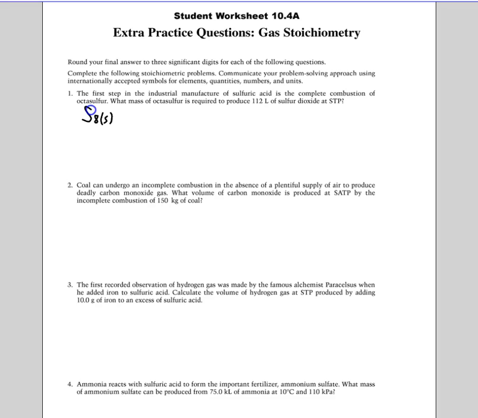This is a solid, and here we're trying to get sulfuric acid in the industrial process, but the particular chemical reaction we're looking at appears to just involve the combustion of octasulfur into sulfur dioxide. So here we have 8 SO2 and 8 O2. So it'd be a 1:8 ratio by moles.